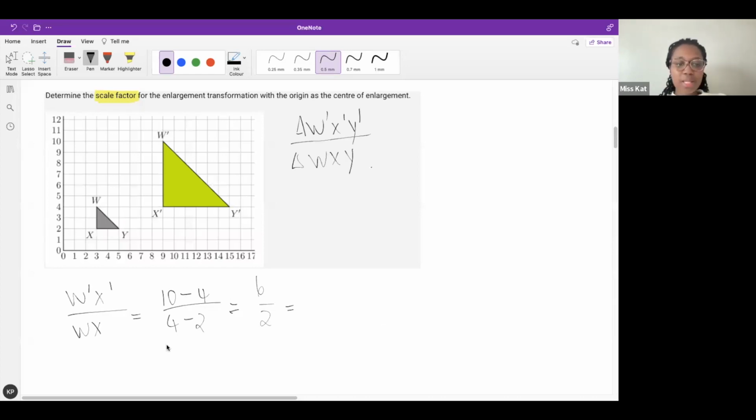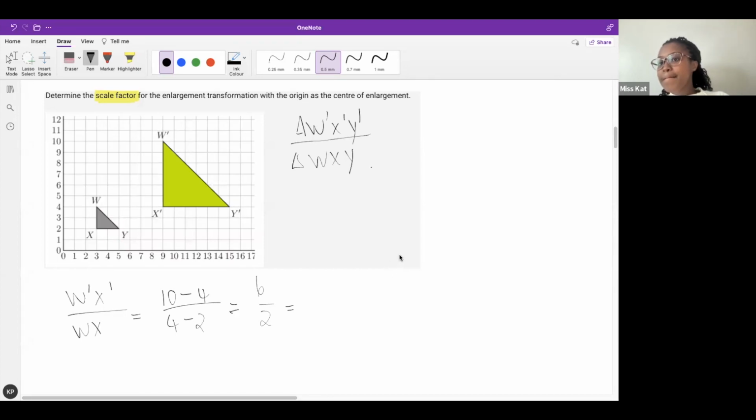Yes, but remember that's what I did here. Do you see I said 4 minus 2? Because 4 is the coordinate for W, do you agree? Minus 2, which is the coordinate for X. That's why I got 4 minus 2. Okay, ma'am.